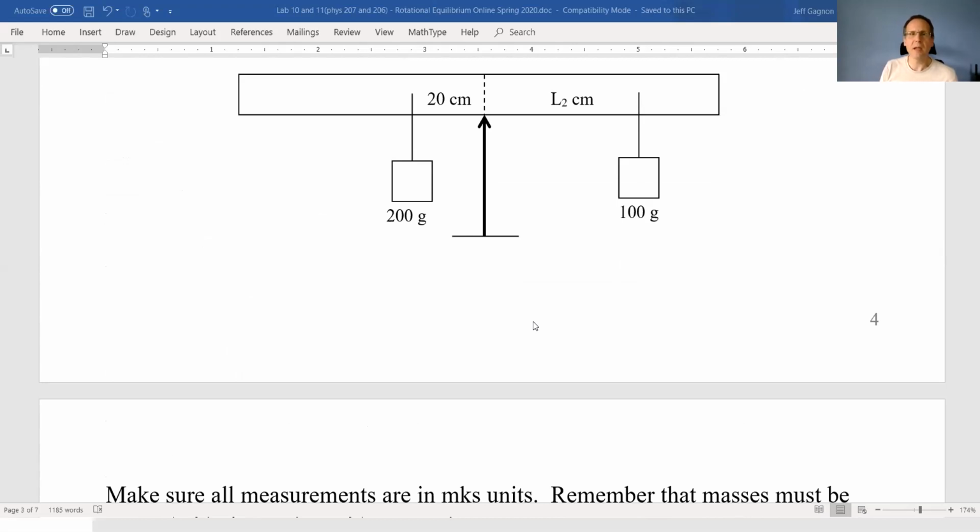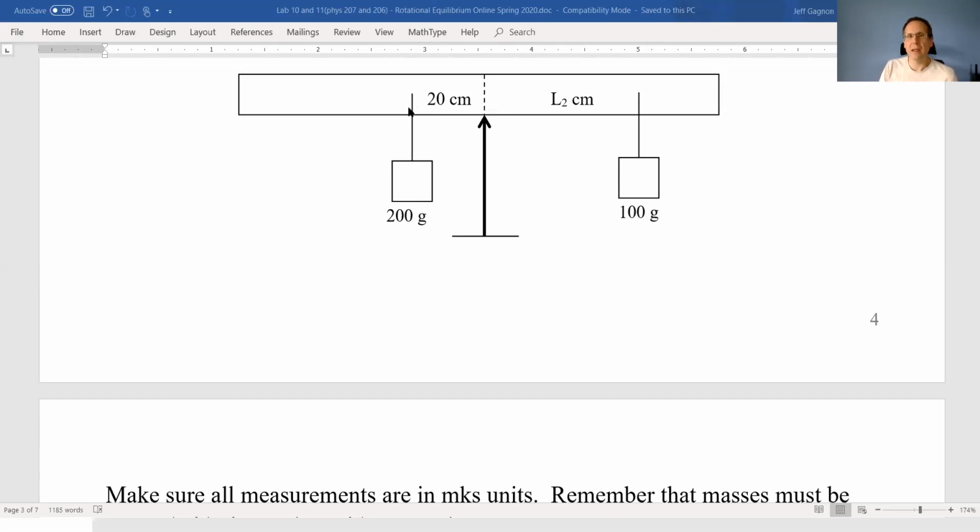The goal here is to calculate the sum of the torques given a particular situation. In this case, we have a 200-gram mass that hangs 20 centimeters to the left of the knife edge. And the knife edge is right at the center of mass of the meter stick. So in our case, it would be at 50.1. That's what a knife edge would be.